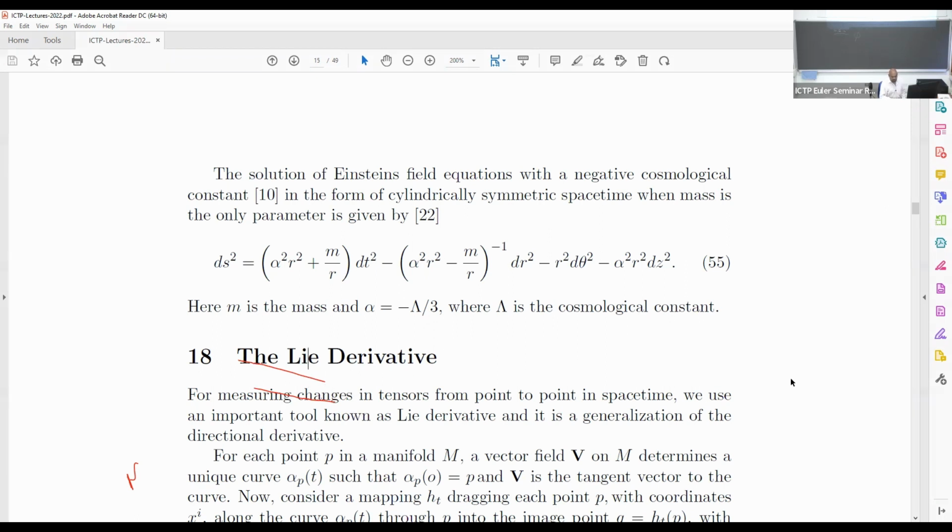I mentioned that this cosmological constant is particularly important for those solutions which represent cosmological models, the models of the universe. So this is very important over there, but for our concern, we are not concerned with that here. Okay. So in some sense, this completes our second section, and now we will go to the symmetries.